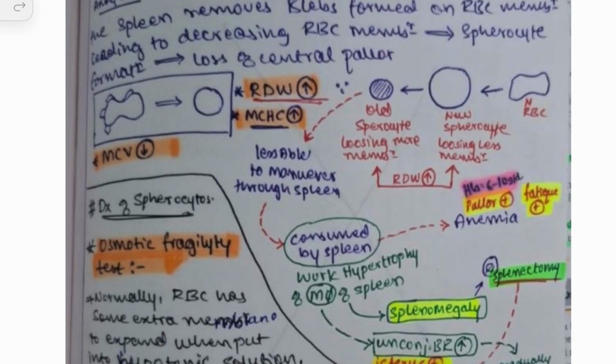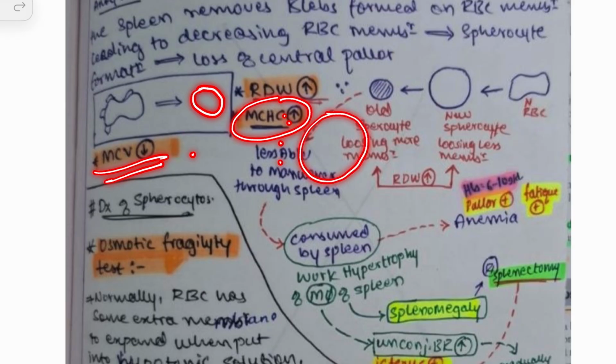So in this case what will happen? MCV will of course decrease, because the RBC has become smaller in volume. MCHC is increased because the concentration of hemoglobin is the same but the volume has decreased. Relative to the volume, the concentration of HB seems to be increased.